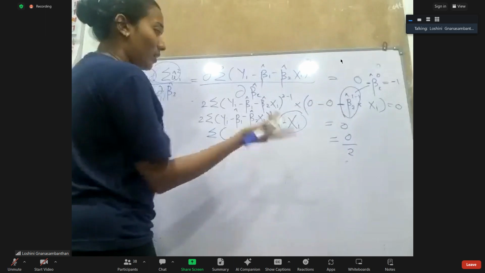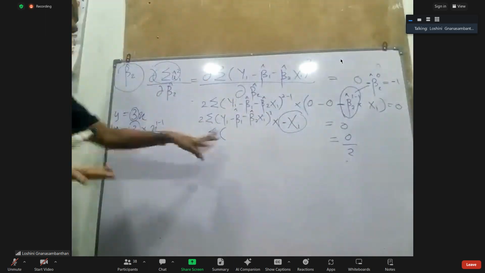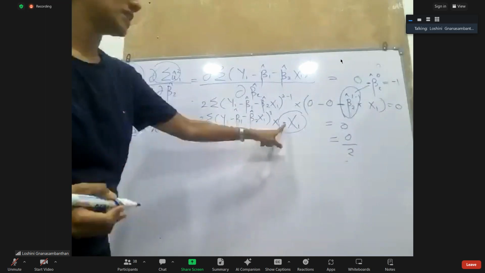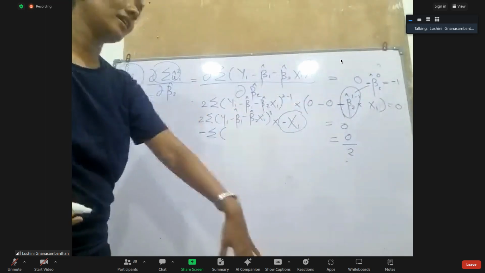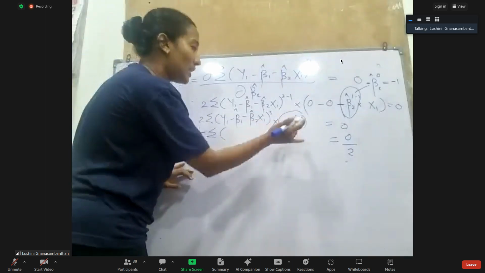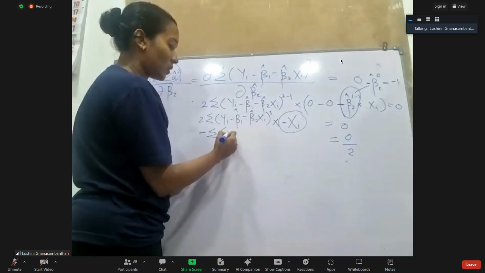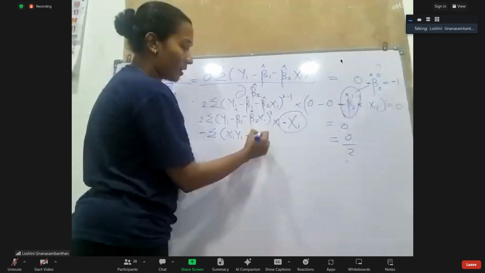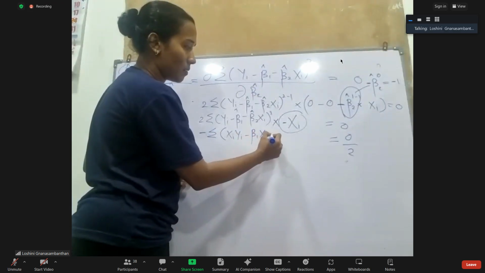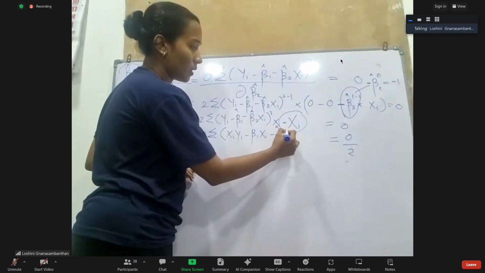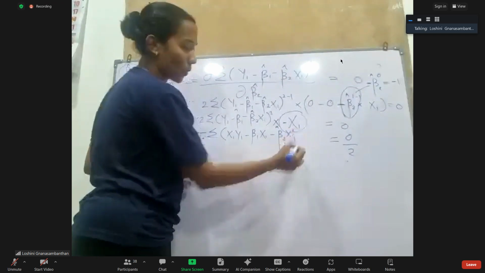For the sake of simplicity, we are going to take this minus separately. This is actually minus 1 into xi now, so we take the minus separately and multiply only the x into this. So xi yi minus beta 1 xi minus beta 2 xi square.